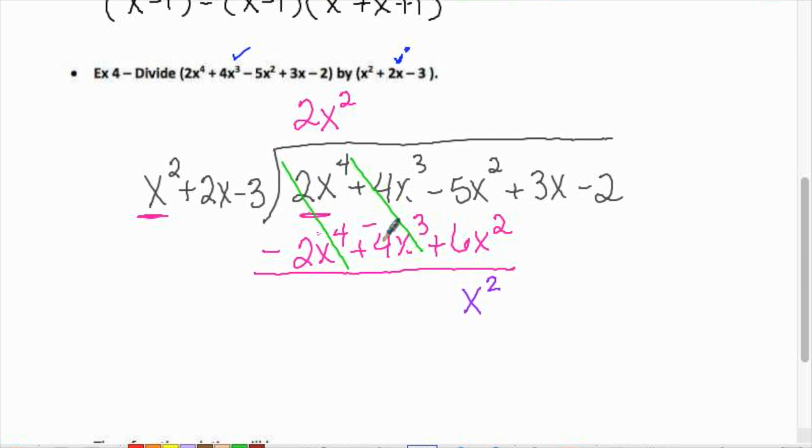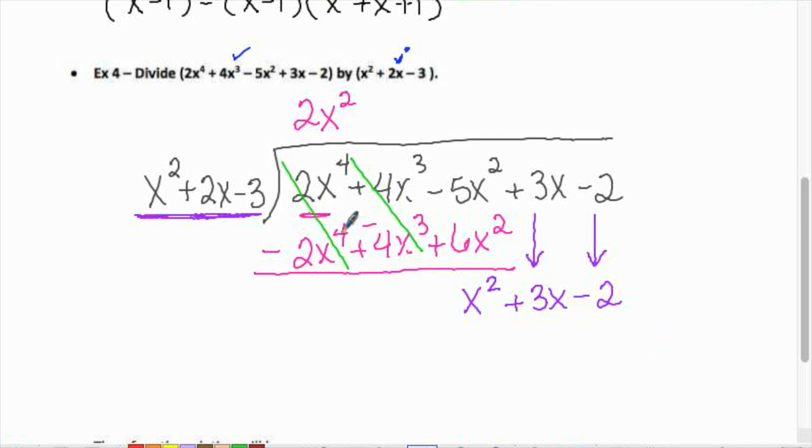But because you had two terms cancel here, every row that I create on this long division needs to have the same number of terms as my divisor. So because this row had 3 terms, but 2 of them canceled out, this guy leaves me x squared. I would need to go ahead and bring down both of these terms.